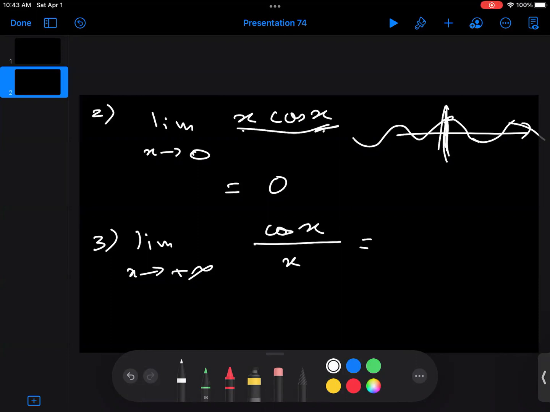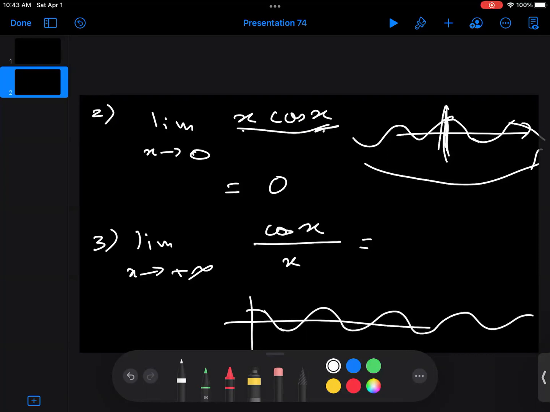So let's look at this picture here. This is the cosine. The cosine is a periodic function that goes like that. You go to infinity and it goes again and again, it's periodic. It oscillates between 1 and -1.